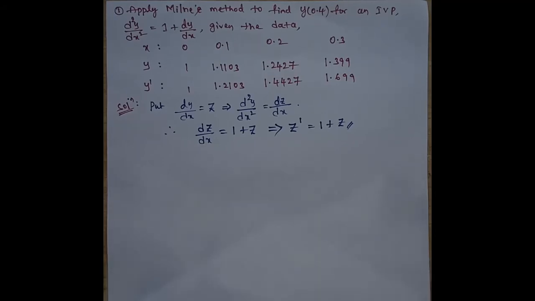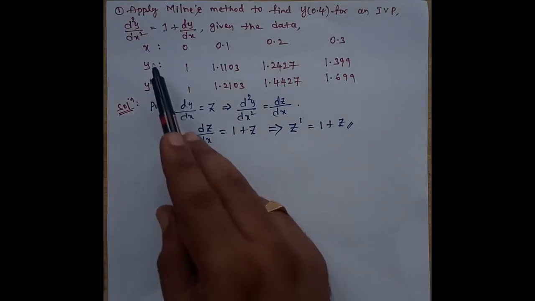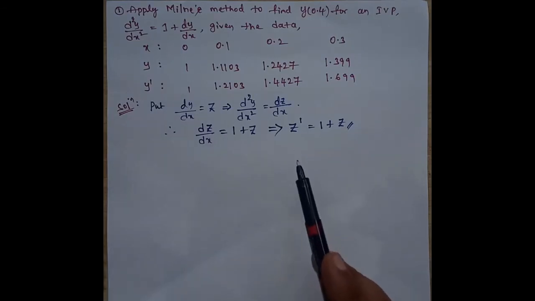Now we start applying Milne's predictor corrector formula working procedure. According to Milne's method, the first step is to construct a data table consisting of the values of x, y, y dash and z dash.